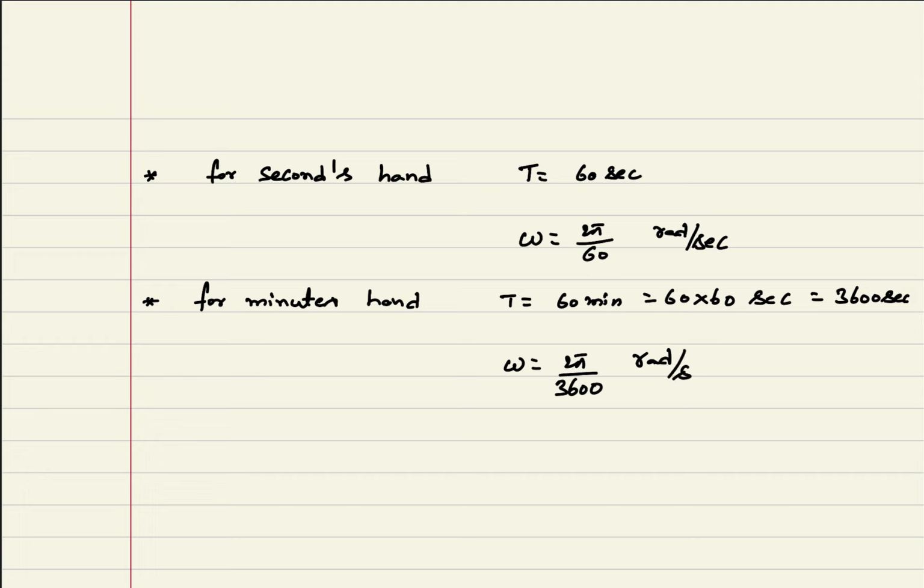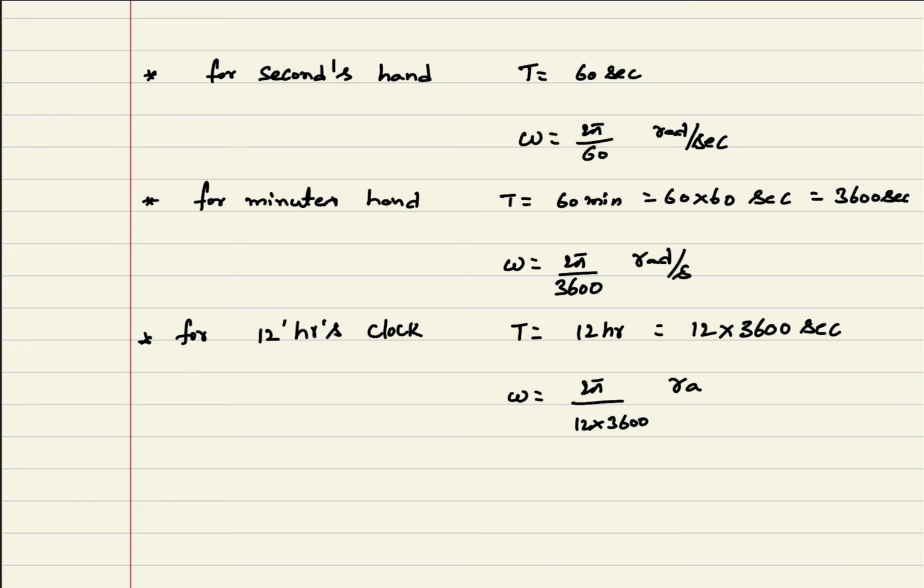You can use the same thing here also, 2 pi by 3600 radian per second. Similarly, for the 12 hours clock, you can write time period is equal to 12 hours. 12 hours is equal to 12 into 3600 seconds, as 1 hour is 3600 seconds. So angular velocity can be written as 2 pi divided by 12 into 3600 radian per second.